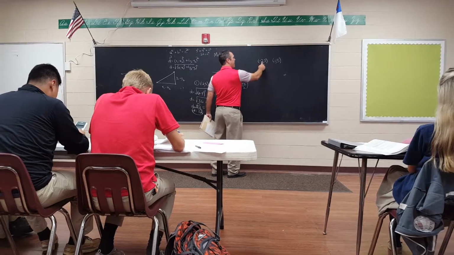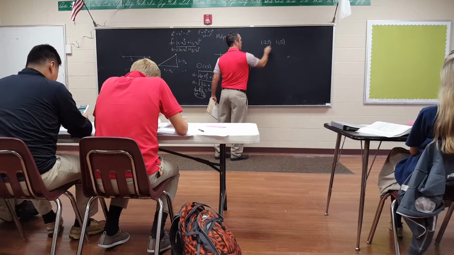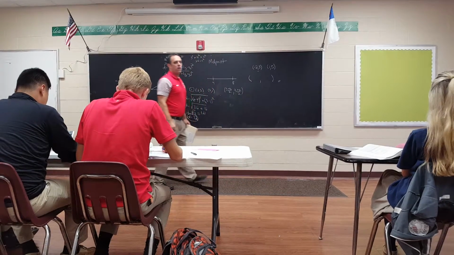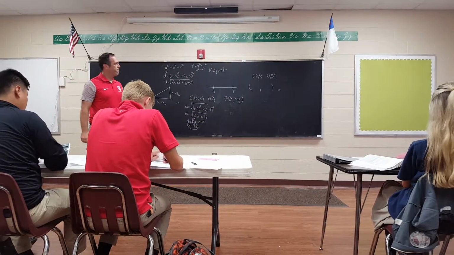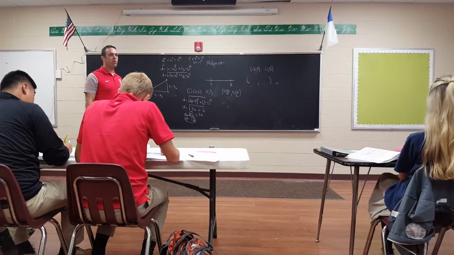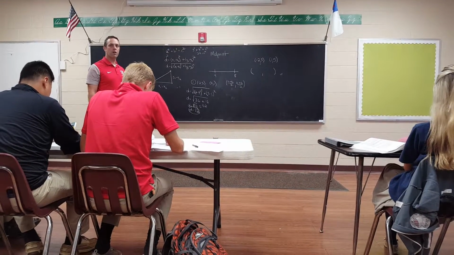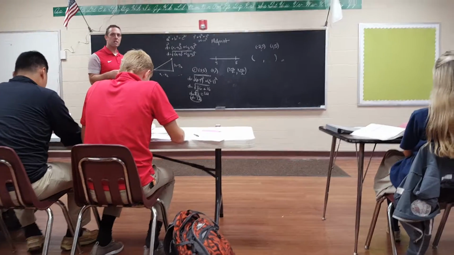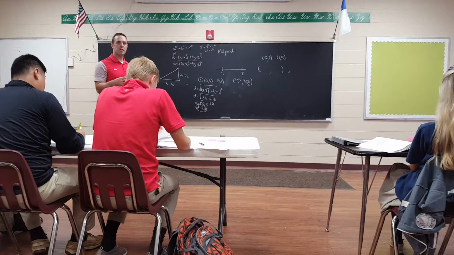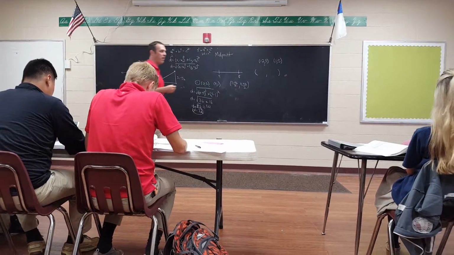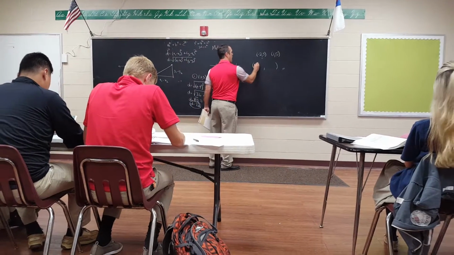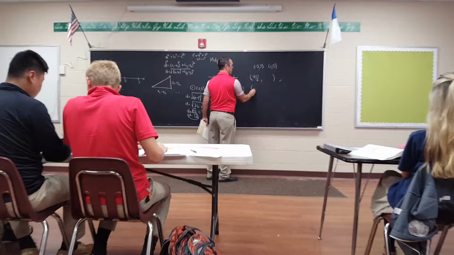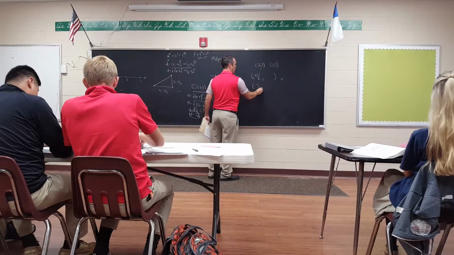We want to find the middle number in between the two x's. -2 and 1, we add those up, what do we get? We get -1, then we divide it by 2, so we get -1 over 2.